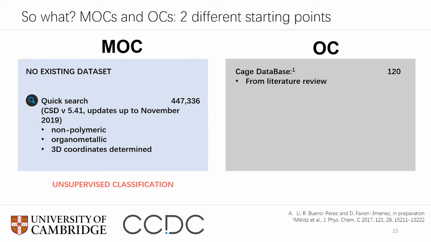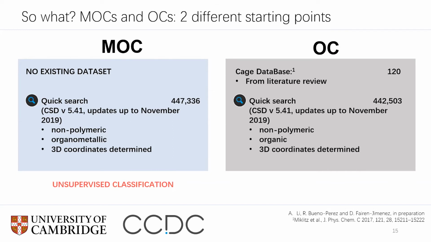So I do have some kind of reference. If I do the same quick search in ConQuest for organic non-polymeric structures with 3D coordinates determined, I still have a huge number. So similarly to the metal organic cages, I'm going to use ConQuest to downsize this. But since we have some labelled data, the idea is to use supervised classification.